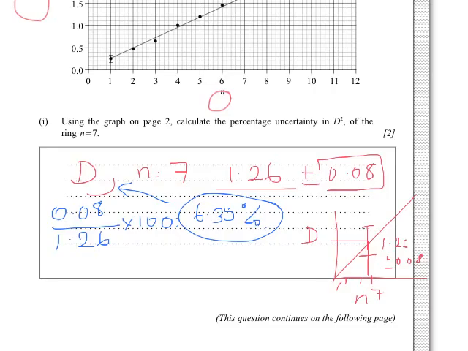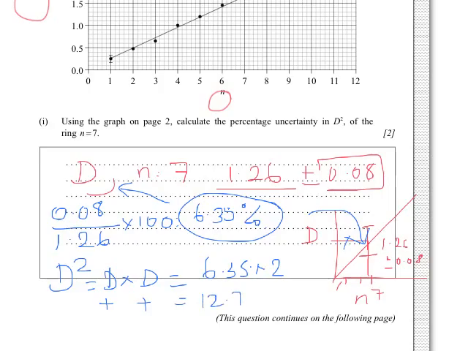Now for d squared, because it's the same as d times d, I'm going to add the percentage uncertainties, which will be 6.35 times 2, which gives me 12.7, and of course I need to put that into two significant figures, so that will be 13%. That's your answer.